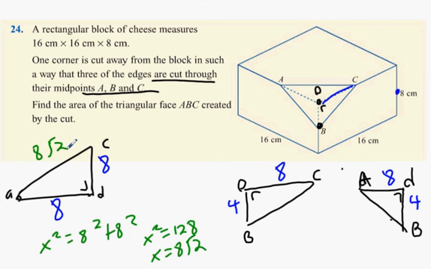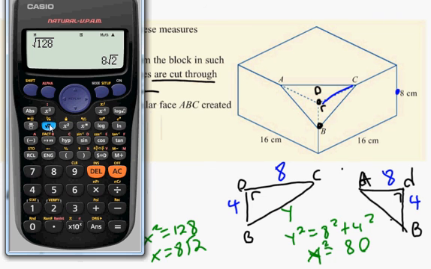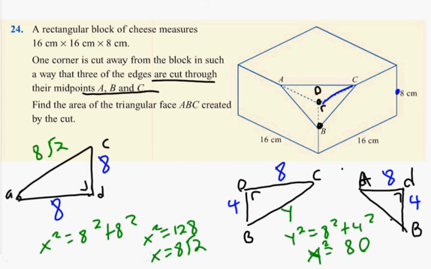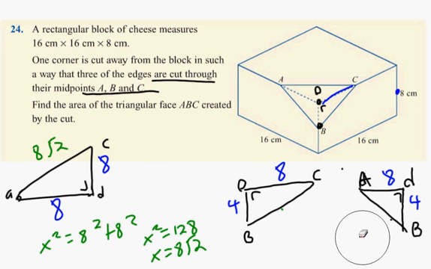What about the next one? 8 squared plus 4 squared. y squared equals 80. What's the square root of 80? 4 root 5. Okay. So these two are the same, aren't they? They're both 4 root 5.